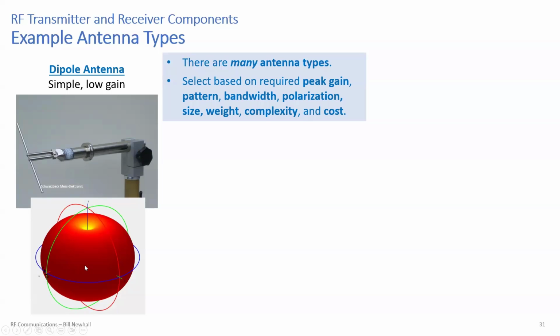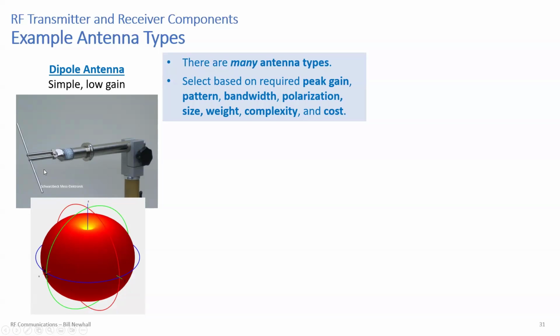It's kind of in the center of this apple-looking thing. There's a null at the top and a null at the bottom. So the dipole antenna has nulls off of the end of its legs. If you look along the direction of that leg and project it outward, there's very low radiation out practically in that direction.